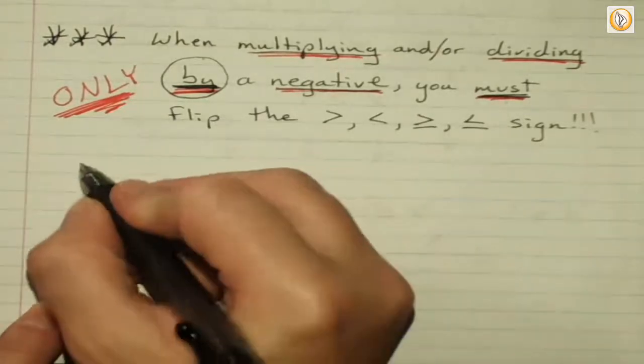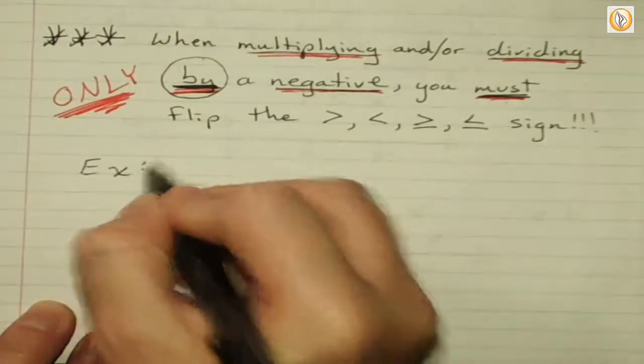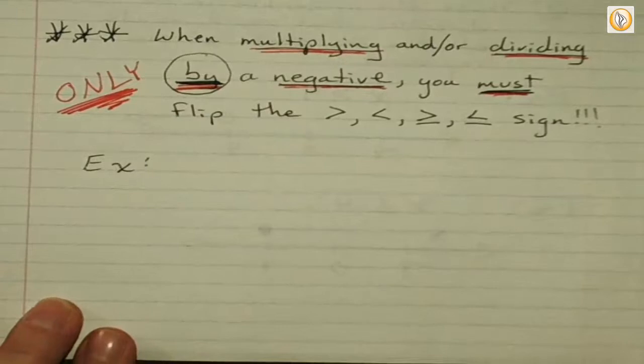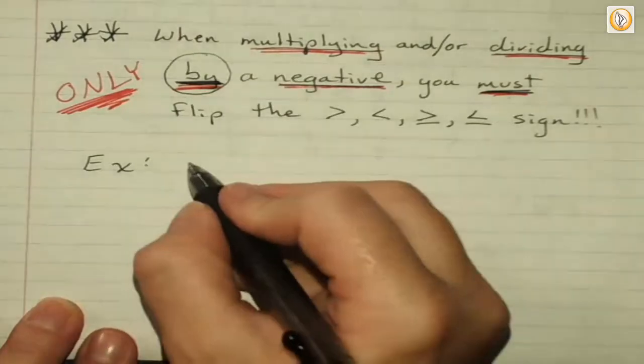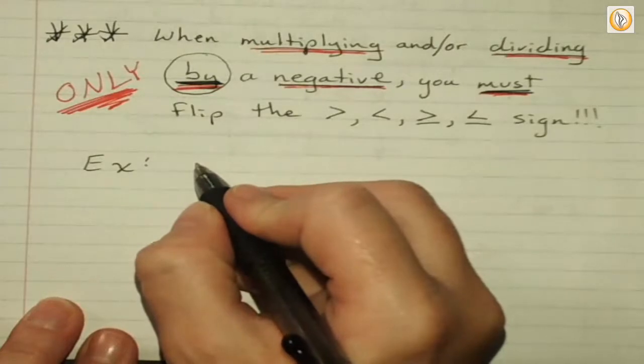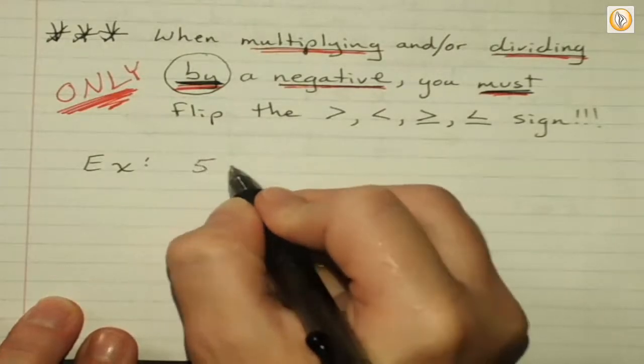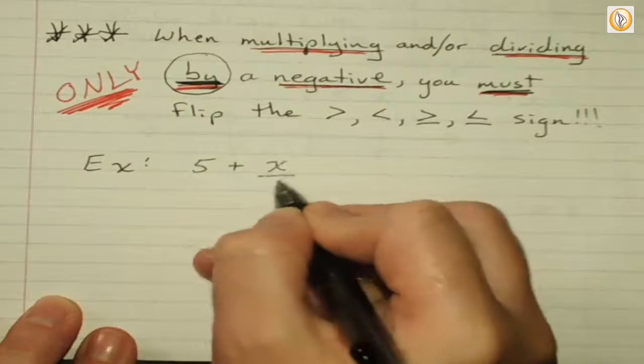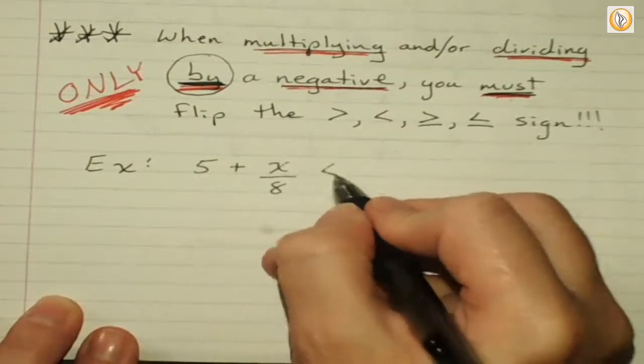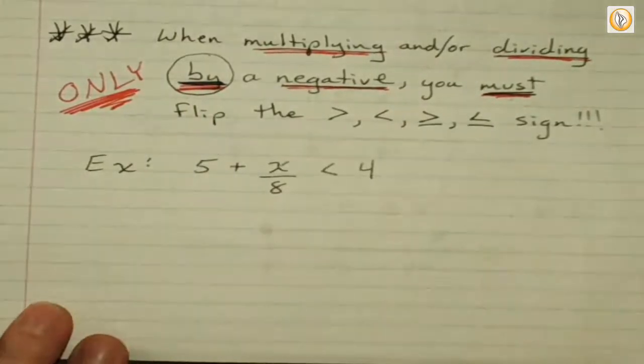For example, five plus x over 8 is less than 4.